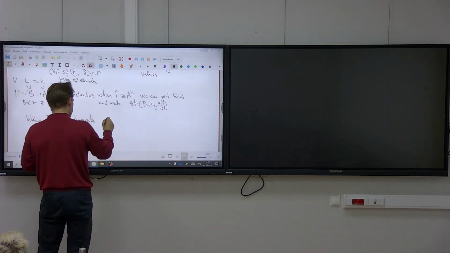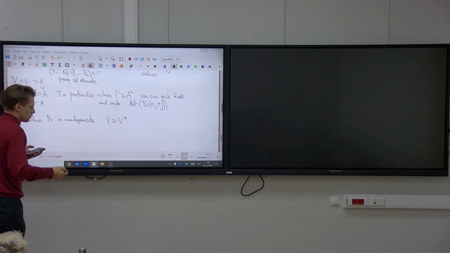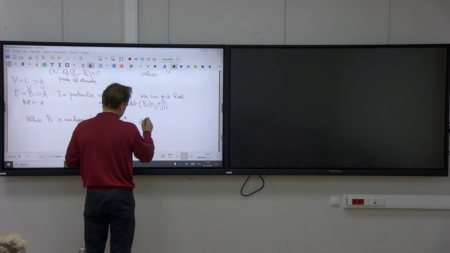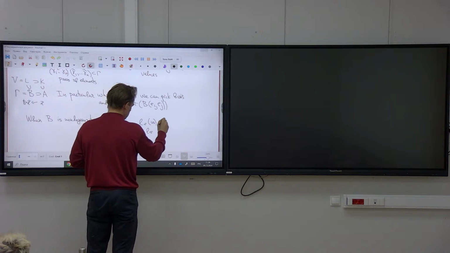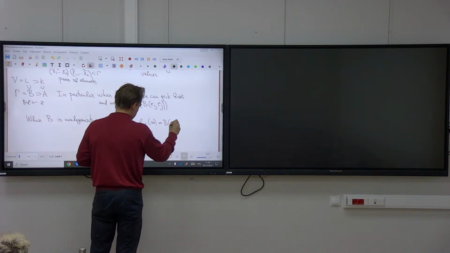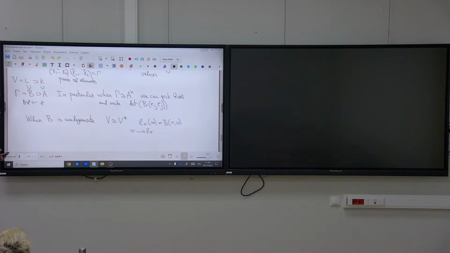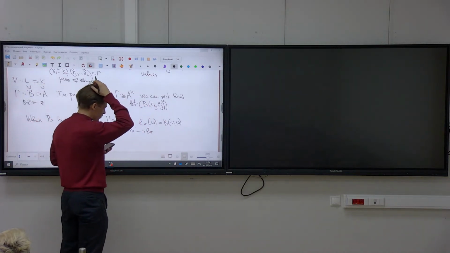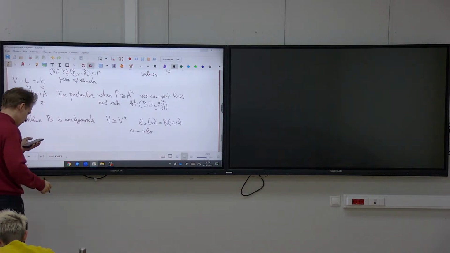So V identifies with V dual, simply by associating to V the linear function L of V that is calculated on W via taking the bilinear form of V and W. Of course, when the form is not symmetric, you have two ways to do it: you have identification for the right dual and for the left dual.